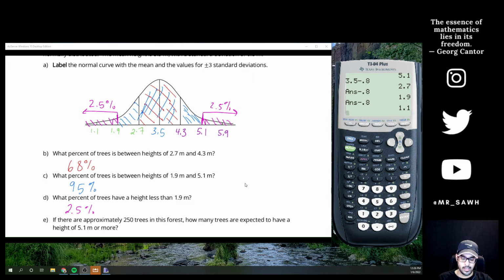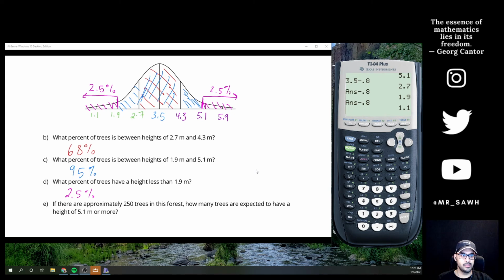Okay. Now, part E is us actually getting a specific number of trees here. Now, if there's approximately 250 trees in this forest, how many trees are expected to have a height of 5.1 or more? Well, I know the percentage of trees, right? I know that 2.5% of trees in this forest should fall in that range of height. I know how many total trees I have.